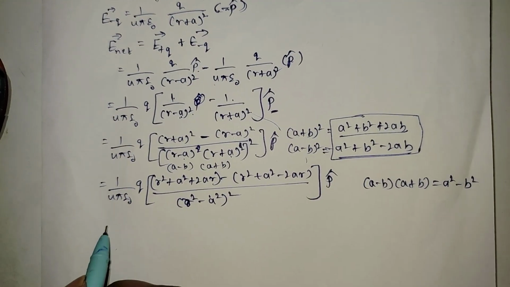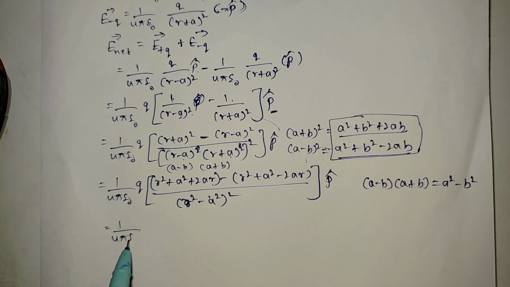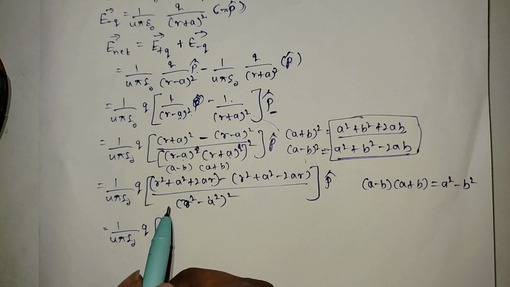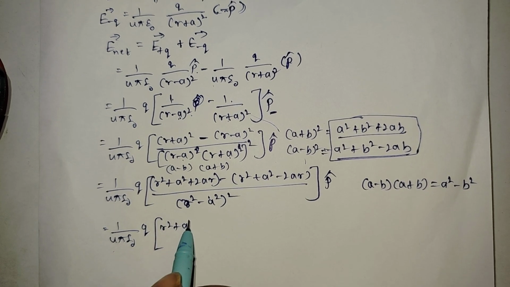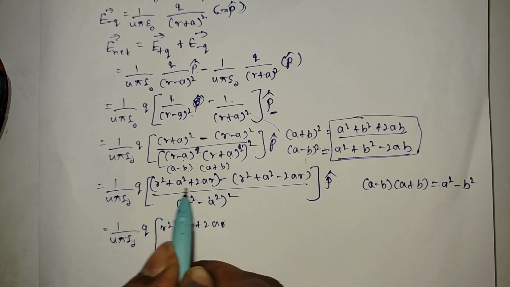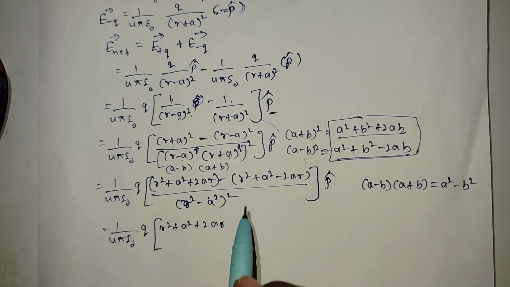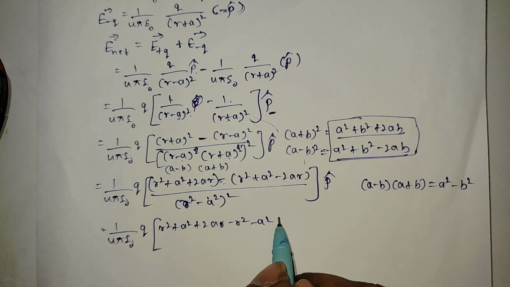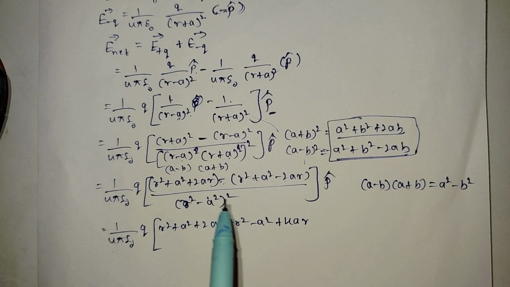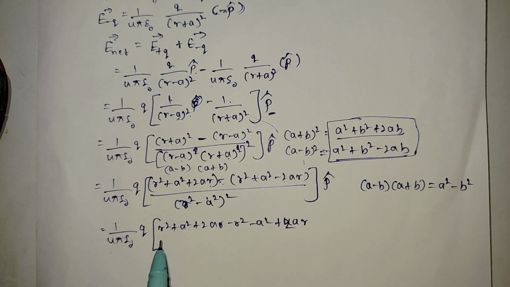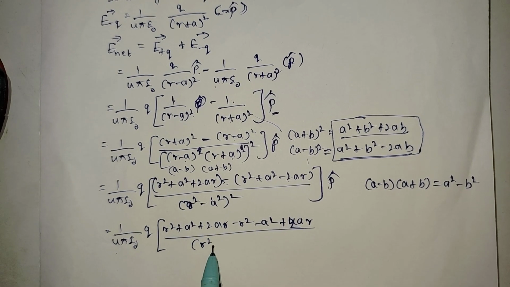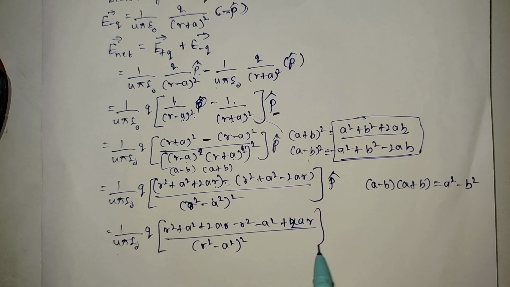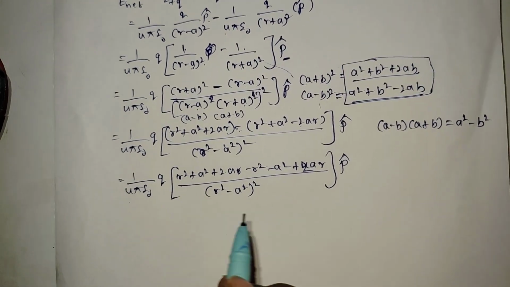Next, 1 divided by 4 pi epsilon naught Q into r square plus a square plus 2ar, keeping this bracket as it is, minus r square minus a square plus 2ar, divided by r square minus a square whole square. Here p cap is the same.